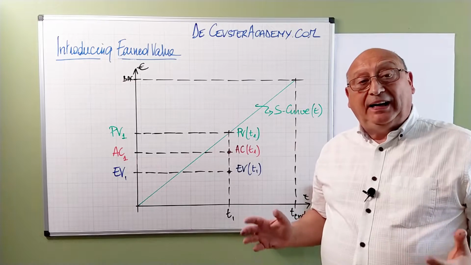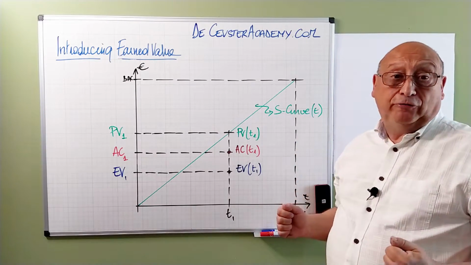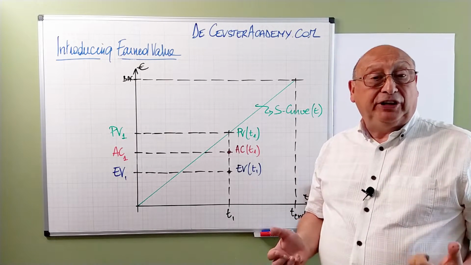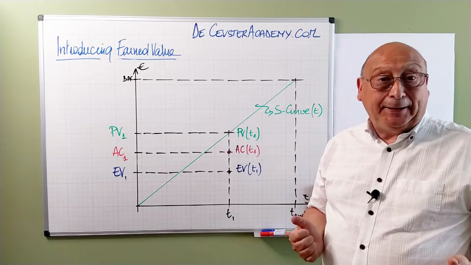We now can apply these elements to our S-curve. Basically, we are creating deliverables which have a specific value, and we want to know what is happening.